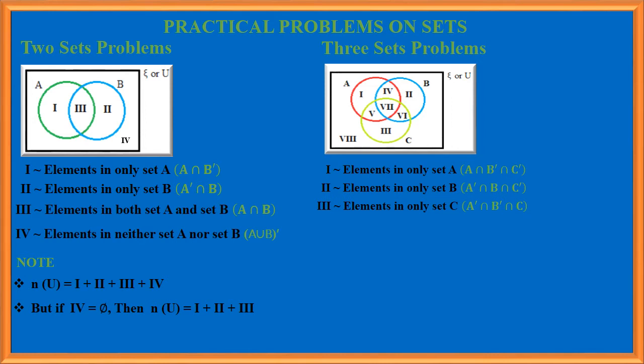III contains elements belonging to only set C. Then we have IV, which contains elements belonging to A intersection B only, whilst V contains elements which belong to A intersection C only.